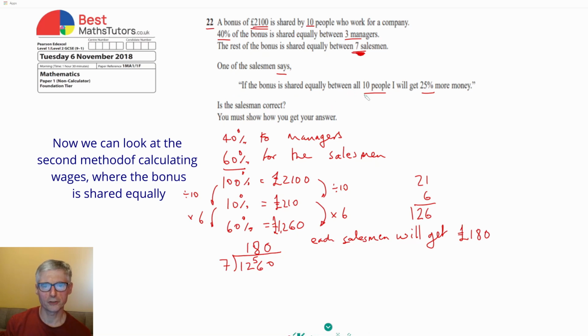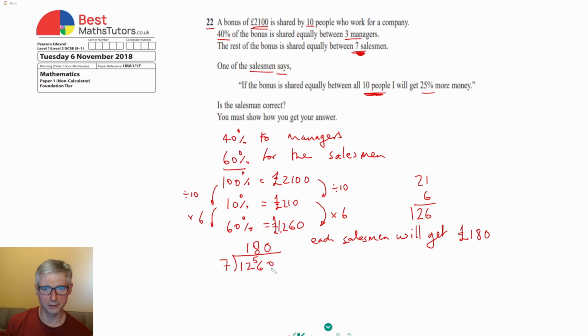Now we want to look at the second method the salesman's talking about, which is if the bonus was shared between 10 people, you get 25% more money. So we're looking at the shared equally method. If we divide the 2,100 by 10, because we've got 10 people, we're going to share that equally.